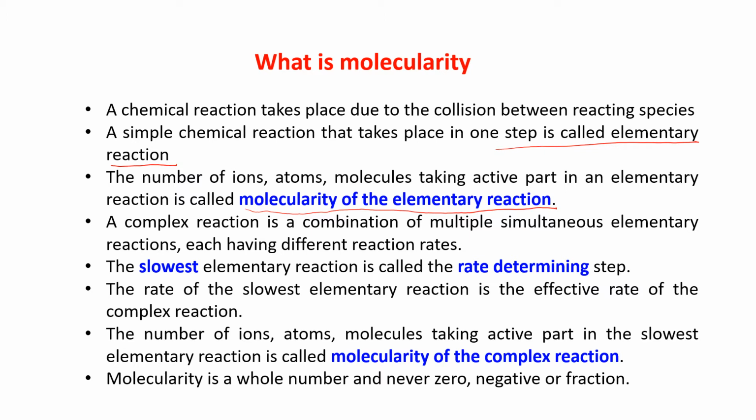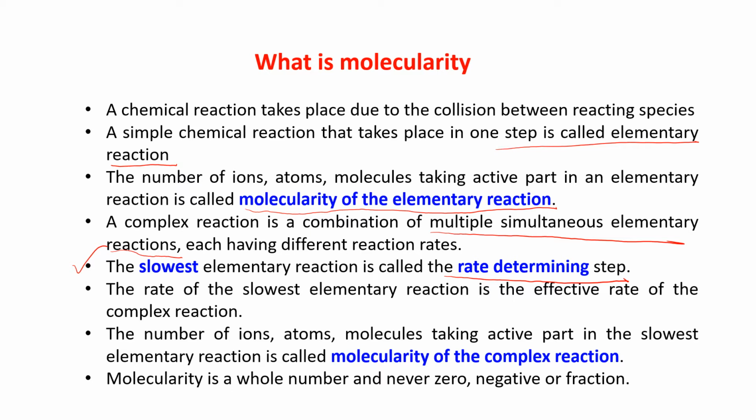The complex reaction is a combination of multiple simultaneous elementary reactions, each having a different reaction rate. You know that the slowest elementary reaction is called the rate determining step.